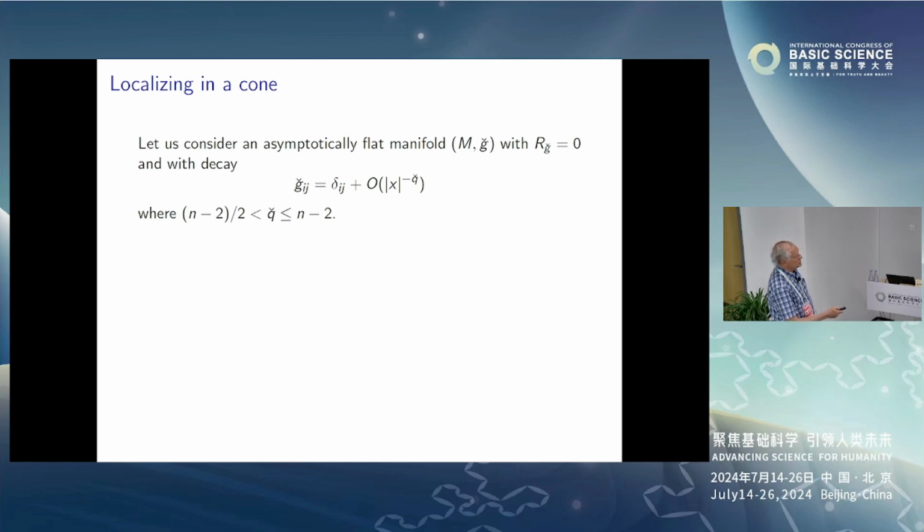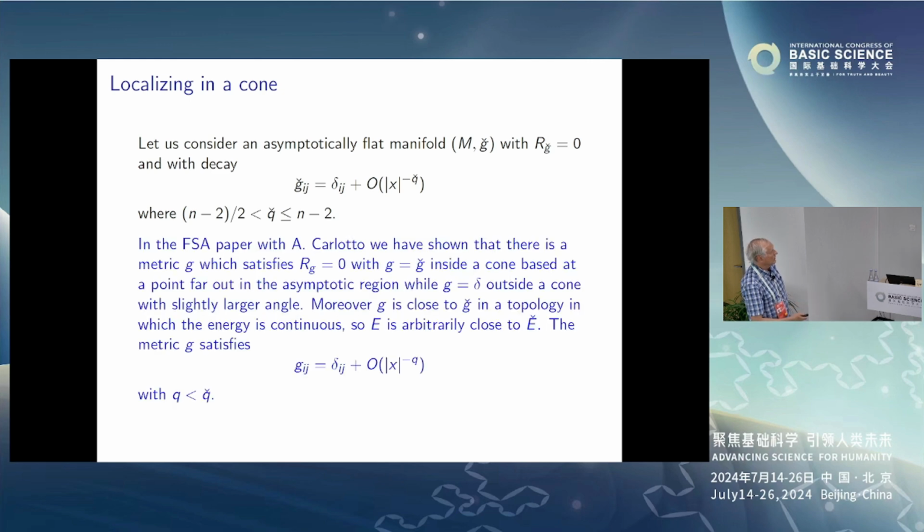So let's assume we start with data which has asymptotics of the type which gives us finite energy, and so q check is bigger than n minus 2 over 2 and less than or equal to n minus 2, the Newtonian case being q hat equals n minus 2.